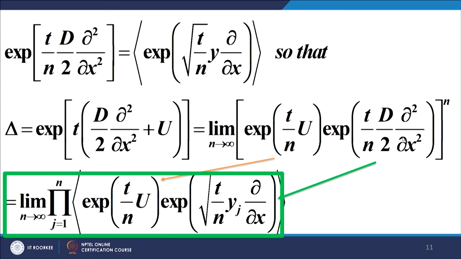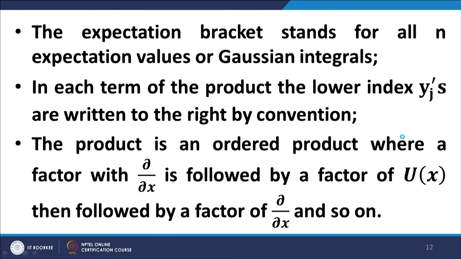So, that is precisely what we do when we use this sequence of n independent Gaussian random variables and express each term as an expectation of one of them. We end up with a product of the expression given in the green box at the bottom of your screen.